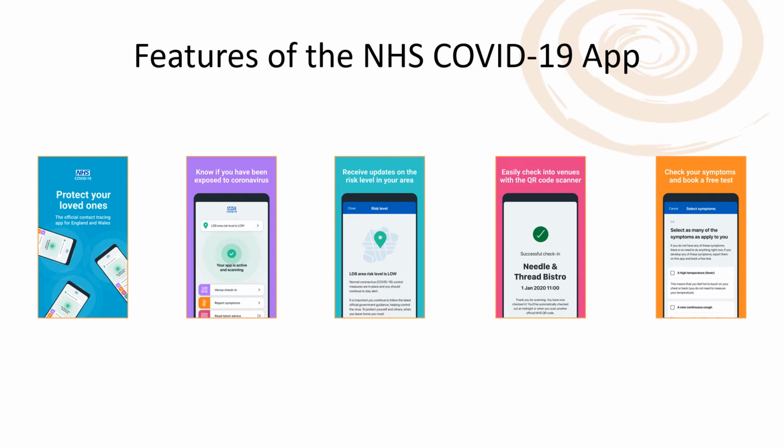It allows users to check into venues using the QR code. It enables users to record symptoms and see whether they need to order a test. If they need to order a test, they can do so with the help of the app. And if they need to self-isolate, then they can keep track of the time left using the app.